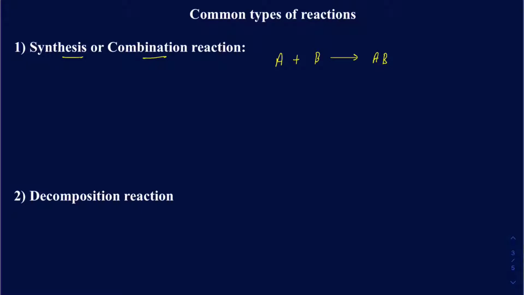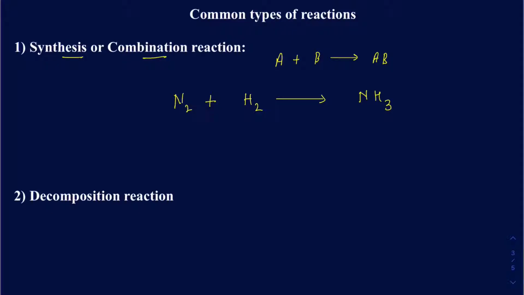A typical example of a synthesis reaction I can write as N2 combining with H2, and it goes on to make NH3. So you can see you have two smaller reactants and they combine together to make something bigger. And you also must balance the equations.